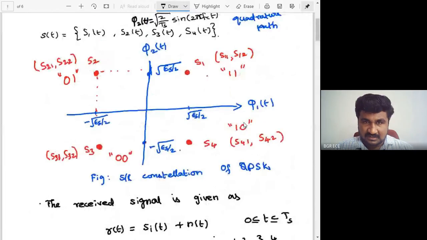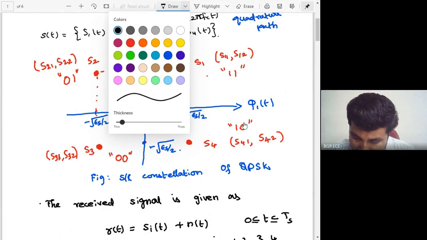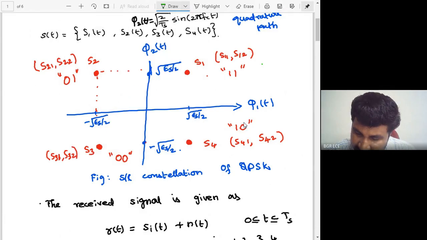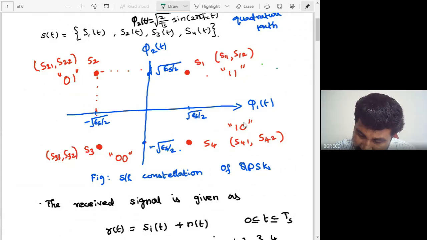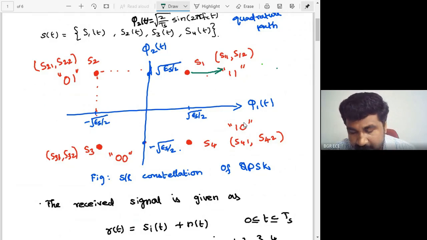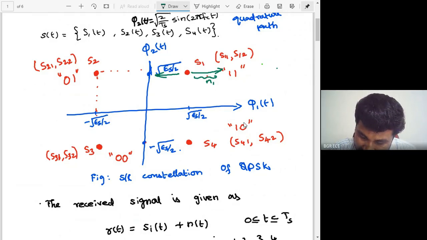Now, due to the presence of the additive white Gaussian noise component, if s11, s12 was actually the transmitted vector, the noise will relocate the message point from here to any of the locations in this space by the n1 term.